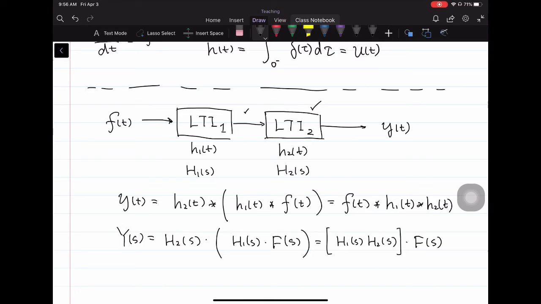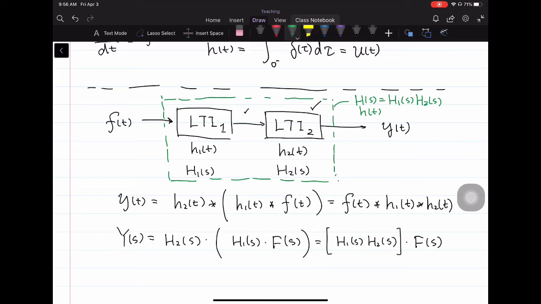That means we can view the two subsystems as a whole and say this overall system has a transfer function H(s) equal to H1(s) times H2(s). Or we can say its unit impulse response h(t) equals h1(t) convolution integral with h2(t).